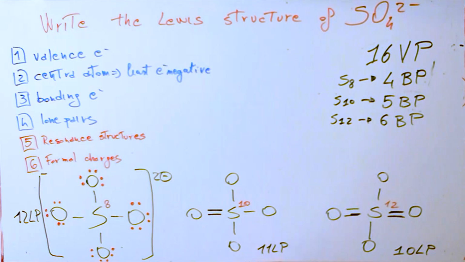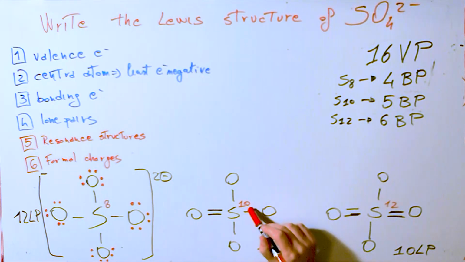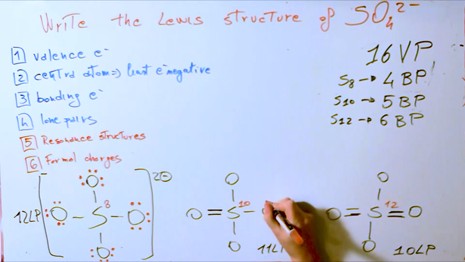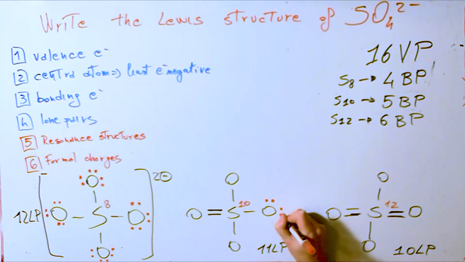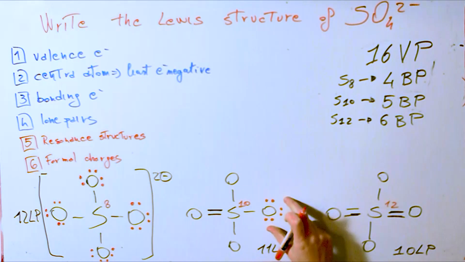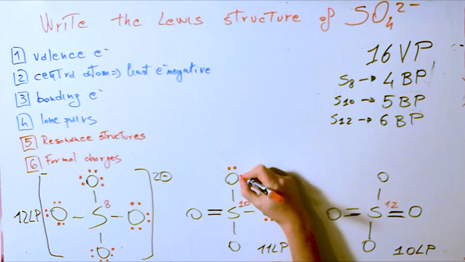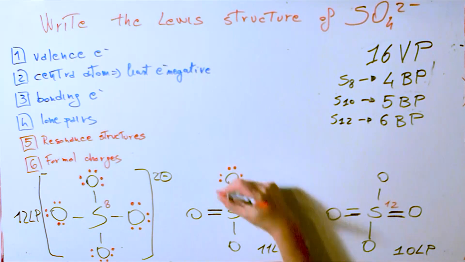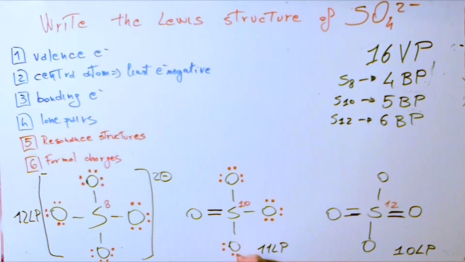It's already 10, so we do not have to use our lone pairs for the sulfur. This oxygen has only a single bond, so it has around it only 2 electrons. So to reach the octet, it will need 6 electrons, which equals 3 lone pairs. The same for this oxygen, because it's equivalent to the first one, and also this one.